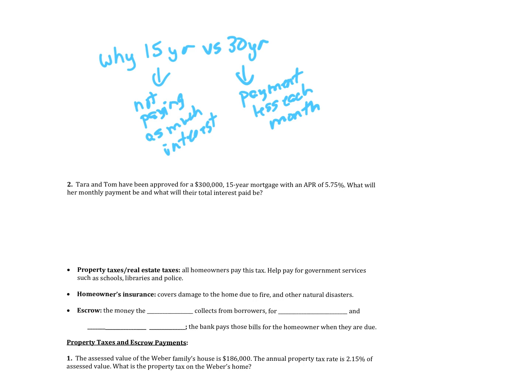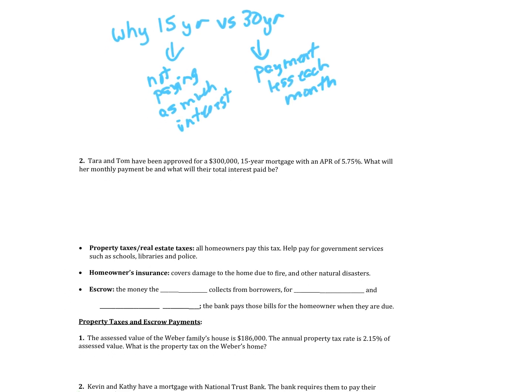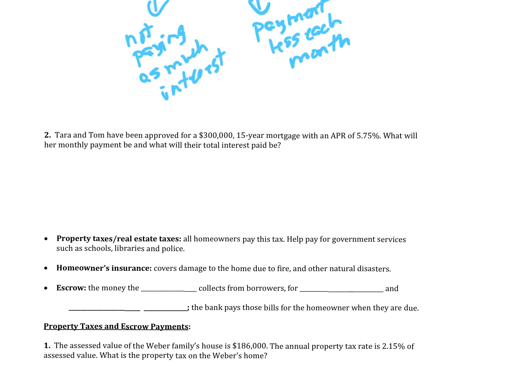let's look at a couple more examples here. Let's look at one more here. Tara and Tom have been approved for a $300,000 15-year mortgage, APR of 5.75. 15-year is 180 months. All right, that's going to be 15 times 12.